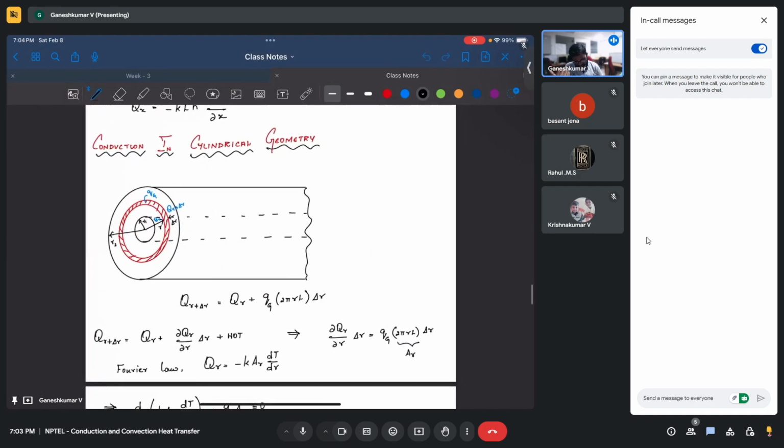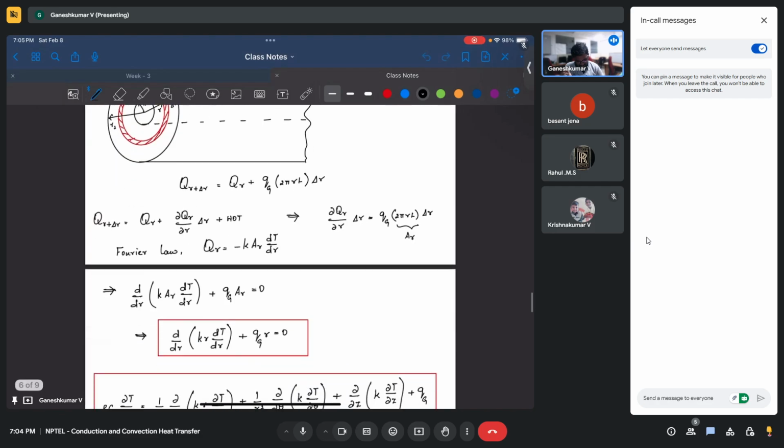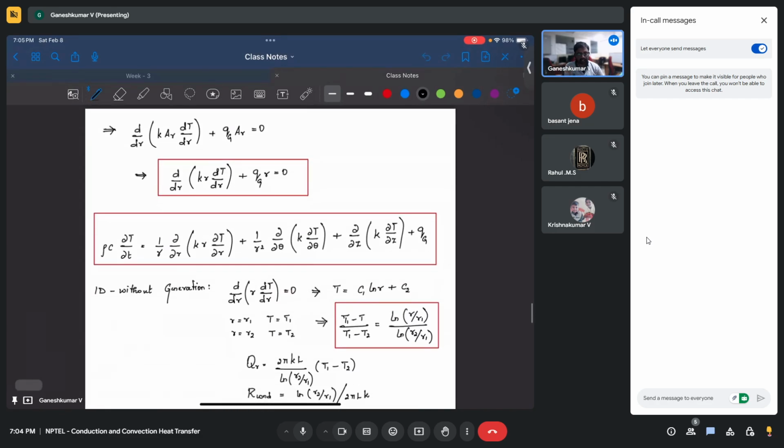So I think we started with the conduction in cylindrical geometry, and then we basically took a strip of a ring, or a cylindrical strip, and we did a heat flux balance, or energy balance, for that infinitesimally small strip, and then we put the limit to zero, and we got the differential equation.